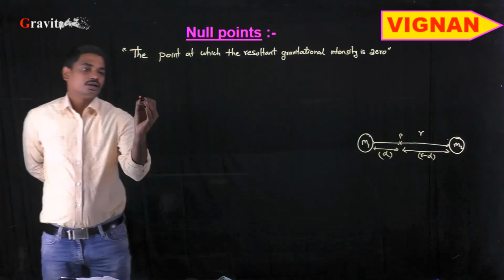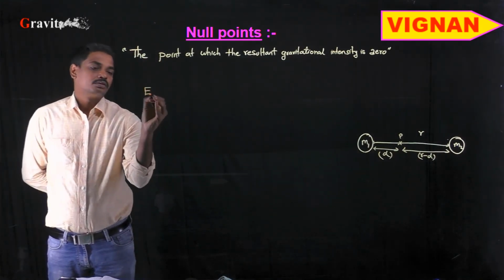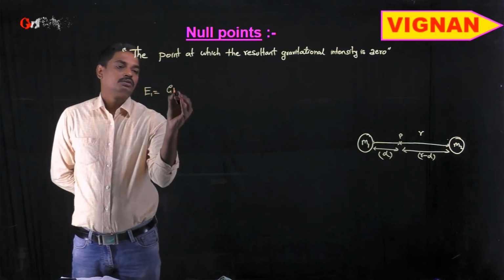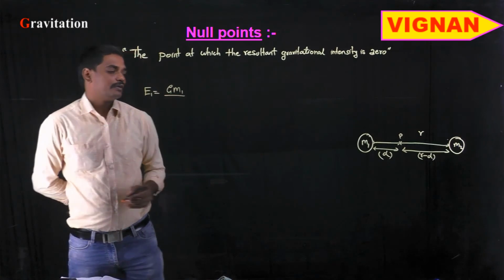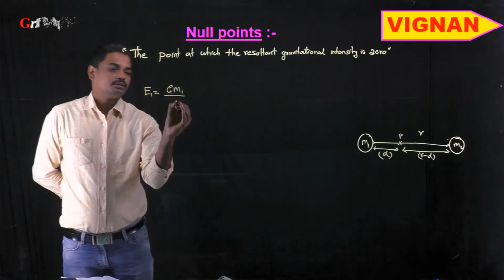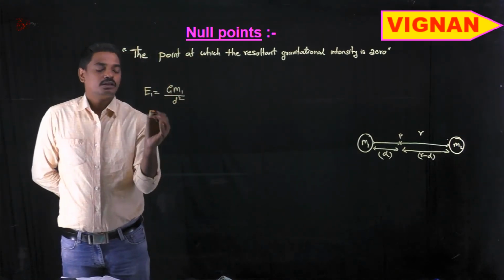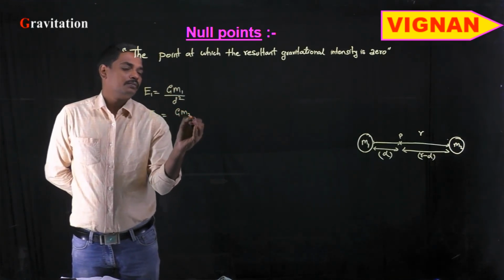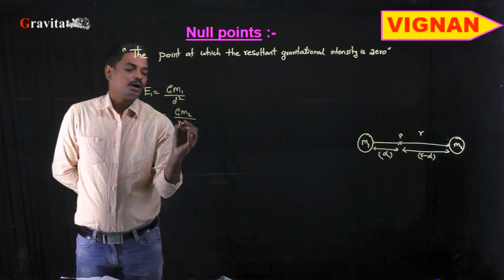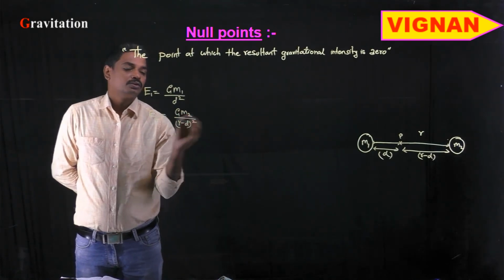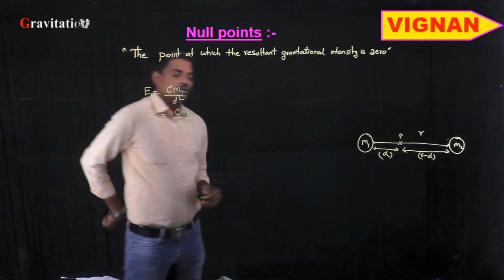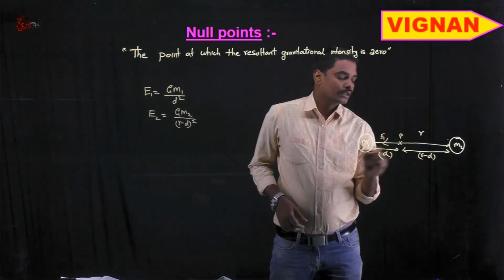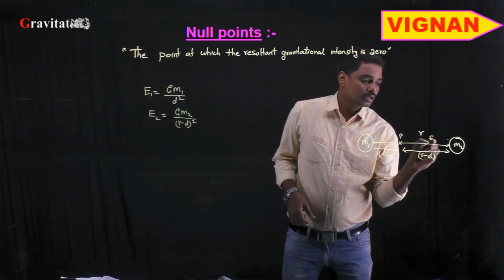For mass 1, let it be E1: E1 is equal to G m1 divided by d square. Similarly, E2 is equal to G m2 by r minus d whole square. Here E1 will be directed towards the mass m1 and E2 will be directed towards the mass m2.